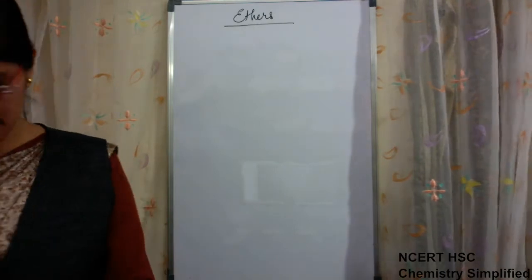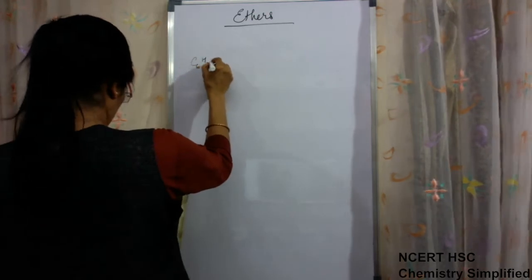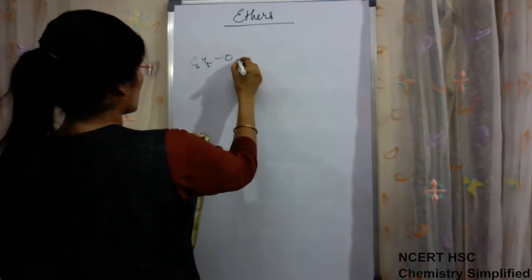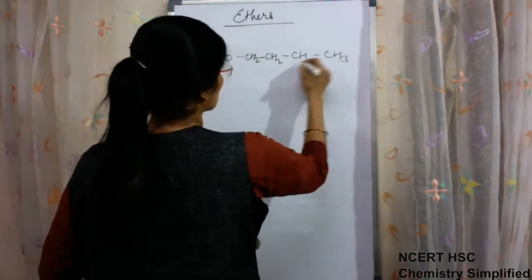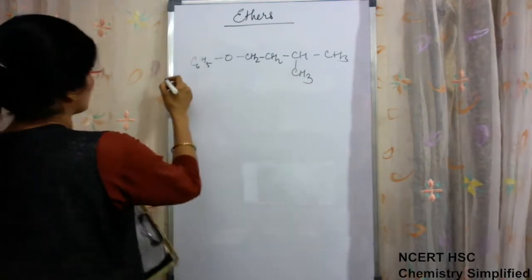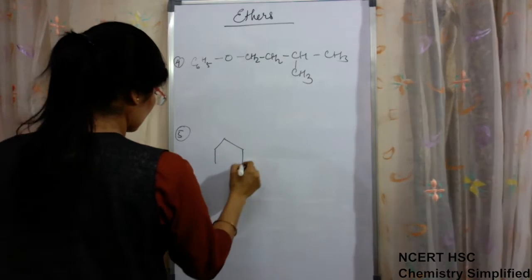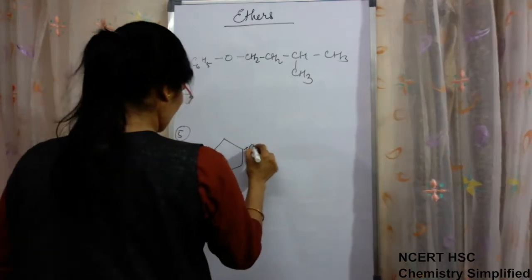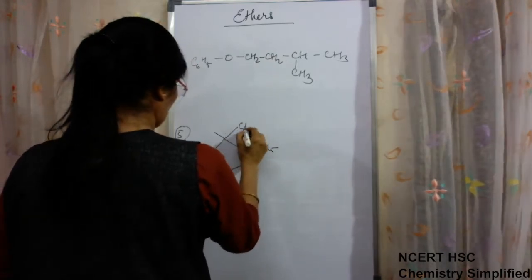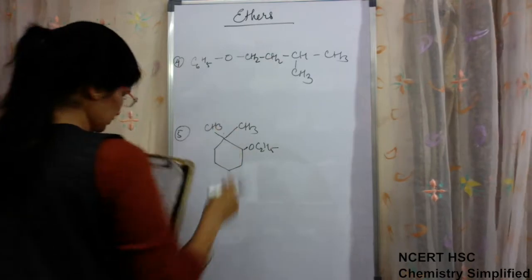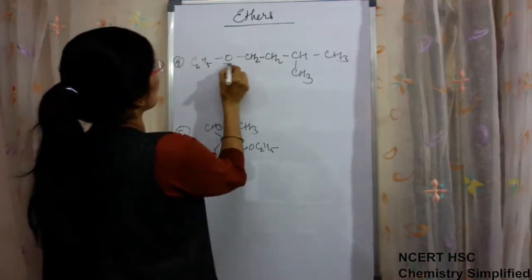Okay, 2 more examples we have to take. C6H5O CH2 CH2 CH CH3, and on this there is 1 CH3, and 1 more. Okay. Now see, O group is here.